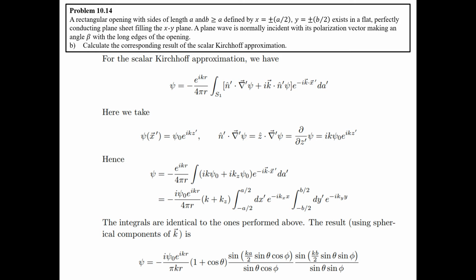And problem B. Calculate the corresponding result of the scalar Kirchhoff approximation. According to the scalar Kirchhoff approximation, we take phi equals phi 0 exponential ikz and n dot gradient phi equals ik phi 0 times exponential ikz, and hence the Kirchhoff approximation then becomes below.